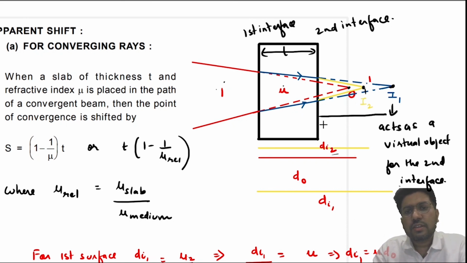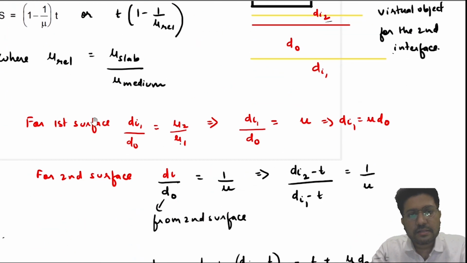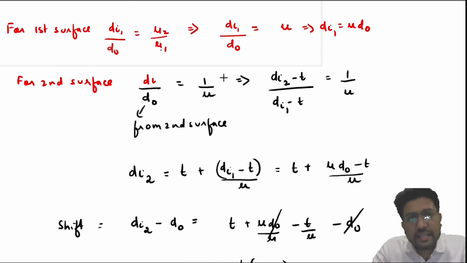So I have written it here: di is di2 minus T. So you will get di2 minus T divided by di1 minus T is equal to 1 by mu, right?